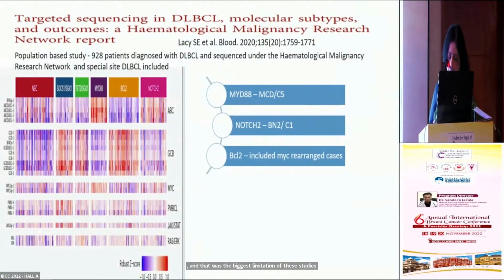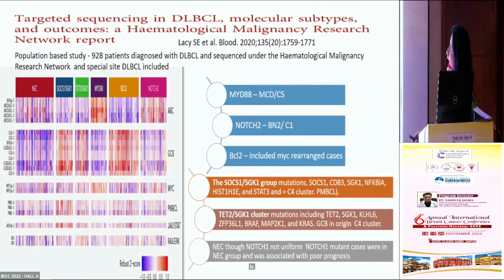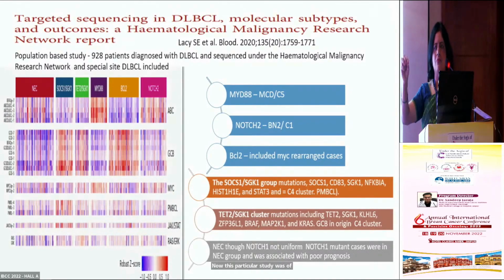This is the Haematological Malignancy Research Network, the HMRN. These group, what they decided was, they first found the same three groups, that is MYD88, the NOTCH2 mutation, and BCL2 EZH2 mutated cases. But they found, interestingly, two special types of tumors. Now, this particular study was of 900 DLBCLs, and it came from the population, that it came from routine practice.